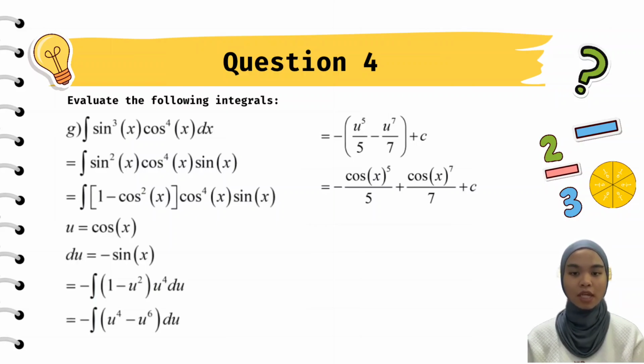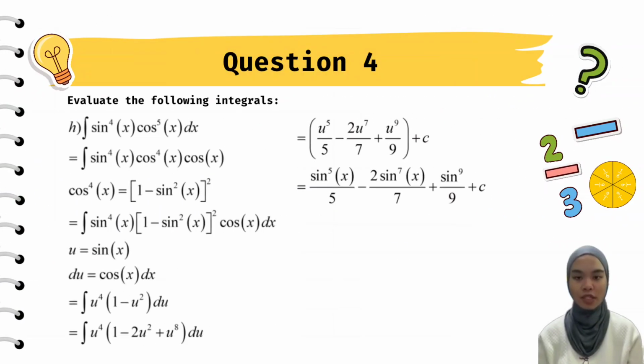And we can get negative u^5/5 plus u^7/7 + c. And the final answer is negative cos^5(x)/5 + cos^7(x)/7 + c.